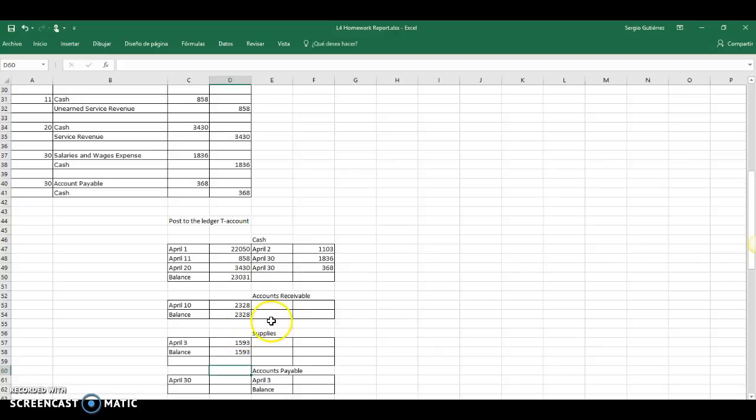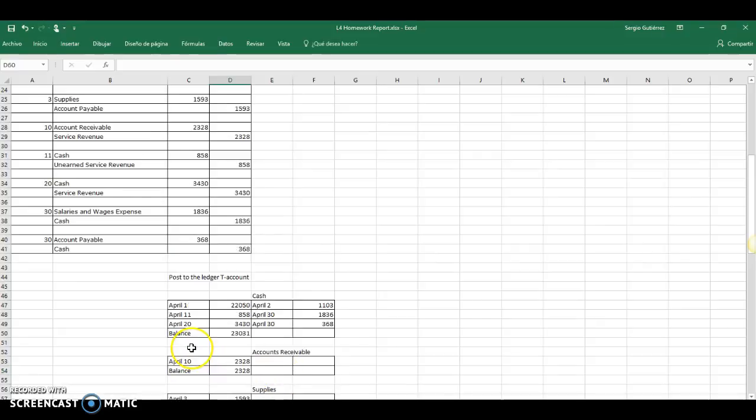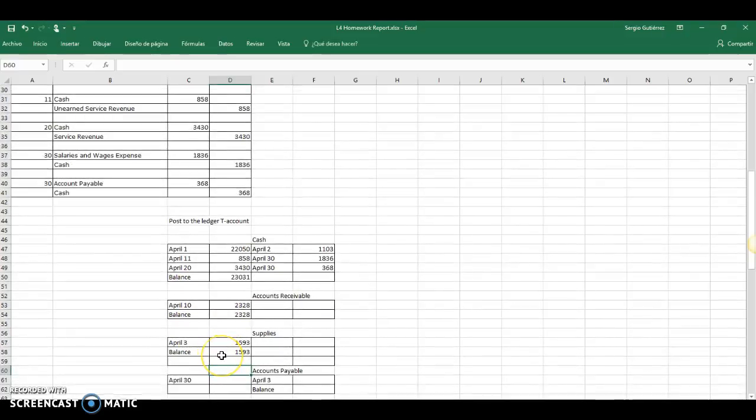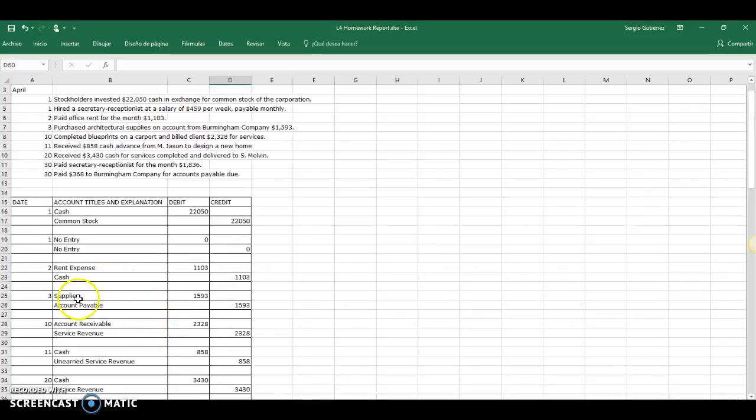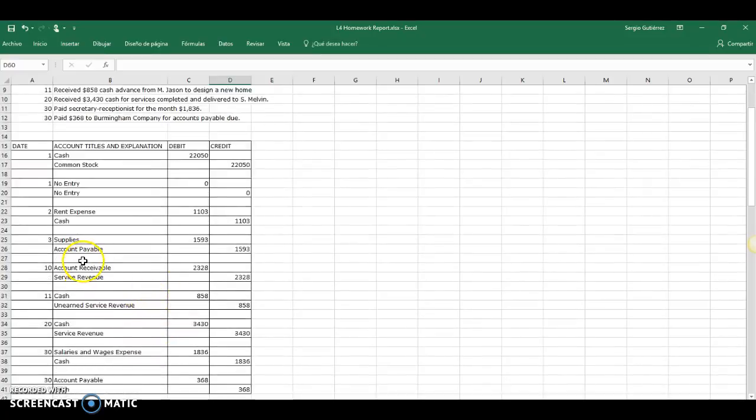So the first one we're going to ledger is the accounts payable. For the accounts payable, we have two transactions. The first one is on April 3. So this goes in the column of the credit, or the right column.